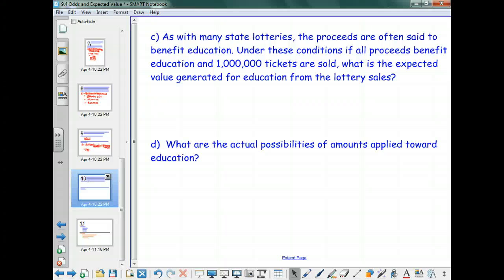So let's take a look at what that would mean. If all proceeds benefit education and 1 million tickets are sold, we have to tell you how many tickets are sold to make sense of the problem. What is the expected value generated for education from the lottery?